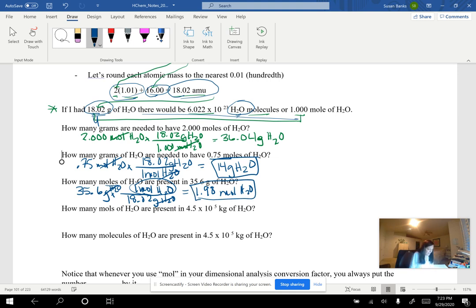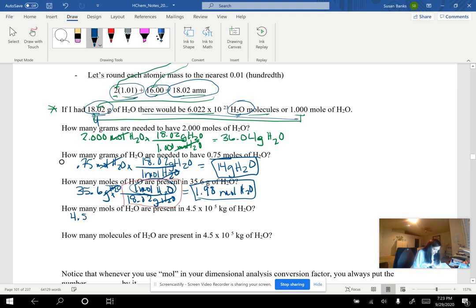Okay, now here I have kilograms. Notice my relationship that I have up here is in grams. So the first thing I'm going to have to do is convert my 4.5 times 10 to the 5th kilograms into grams.